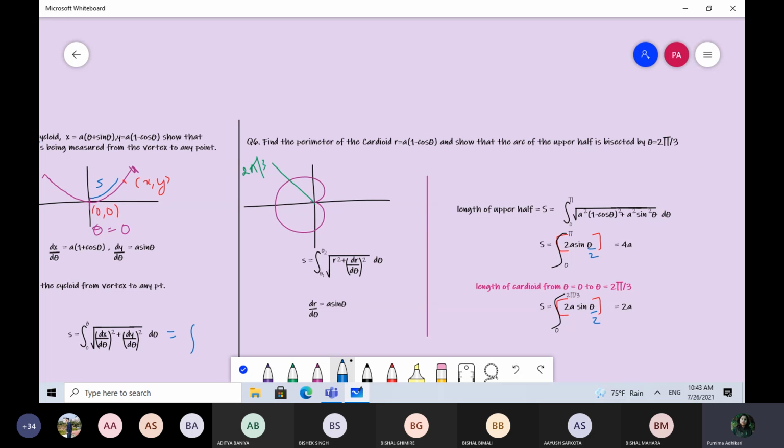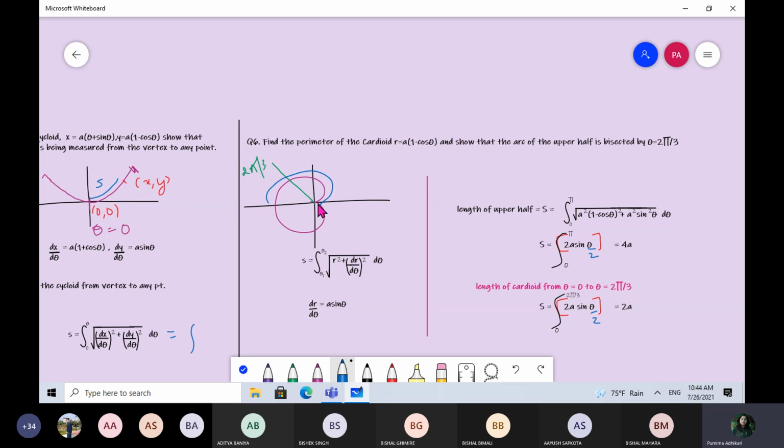So what does it say? What do you mean by the arc of the upper half? It's talking about this length, this upper length. The question says you have to show that this blue length is bisected by this green line, which is theta equals 2 pi by 3.